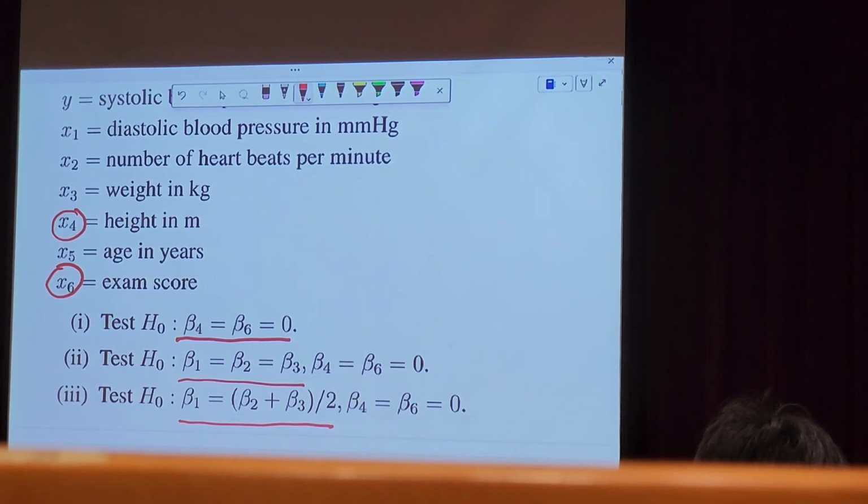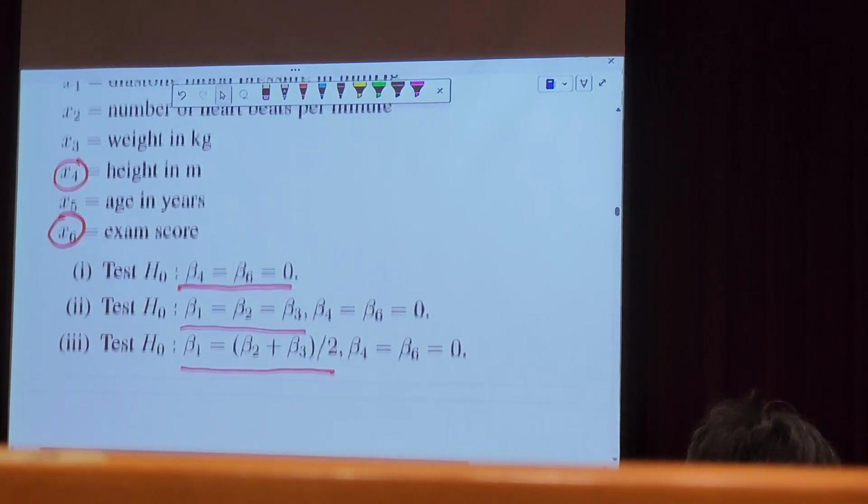You need a bigger pump, but we all are born with the same heart. So you will pump harder for someone who is heavier. For height, I think the effect is lesser. Exam score, I think, is not so critical.